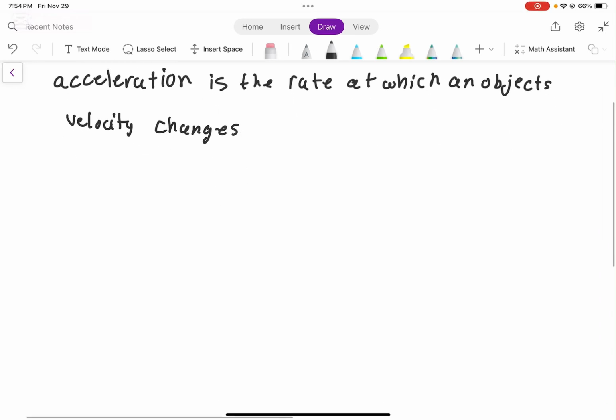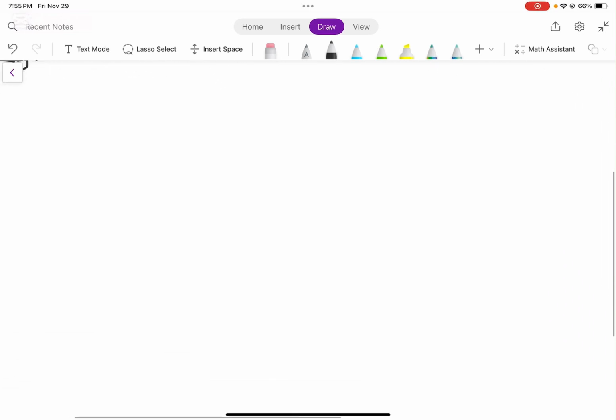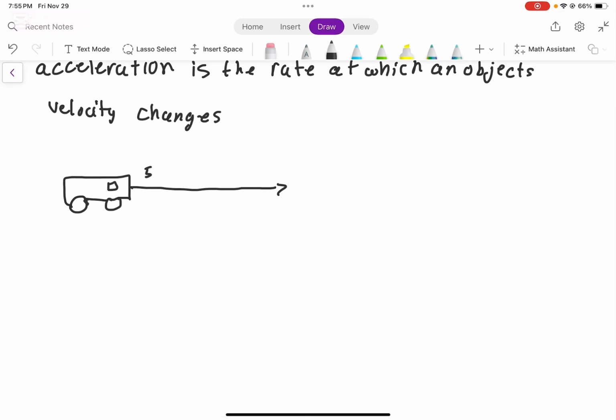So for example, let's say we have a car here, and it's traveling this way. At first, it may start off at maybe 5 meters per second, but then it's going to build up to maybe 7 meters per second, then maybe 10 meters per second, so on and so forth.